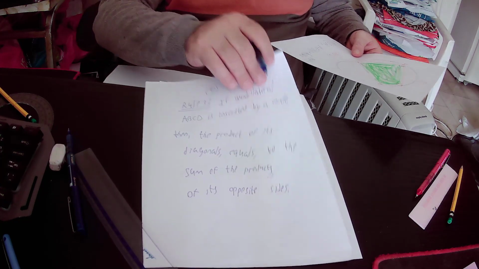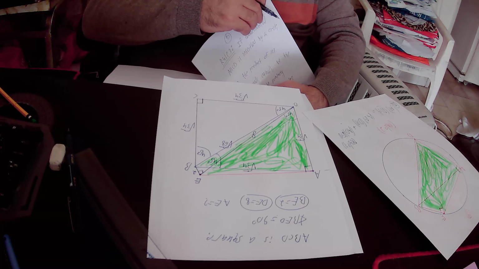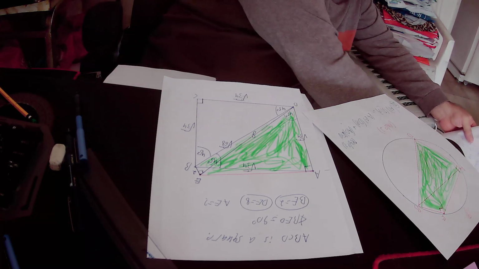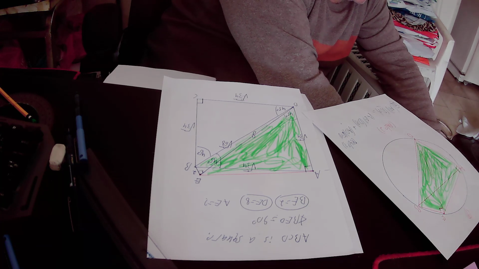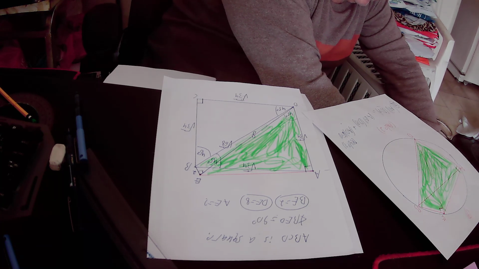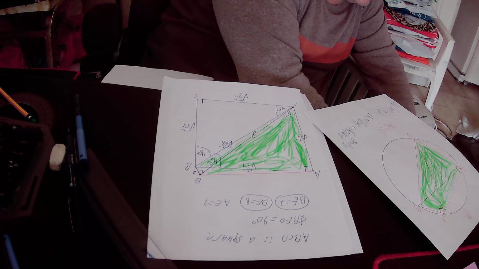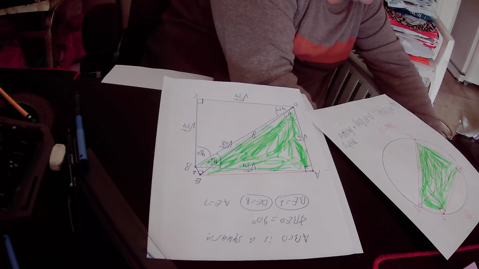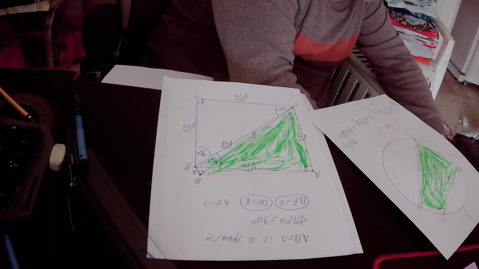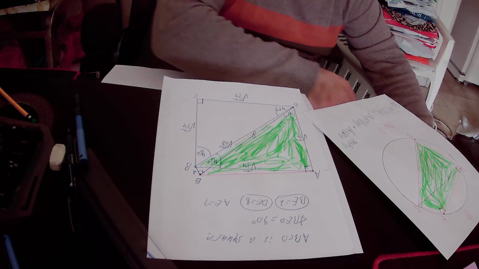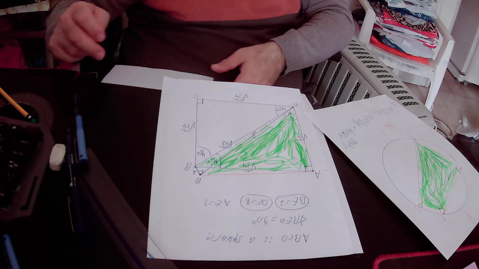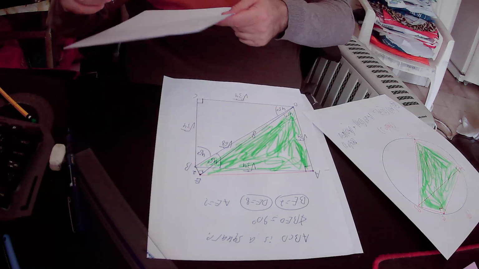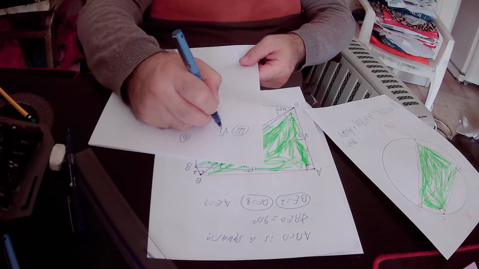The size of AB is the square root of 34.